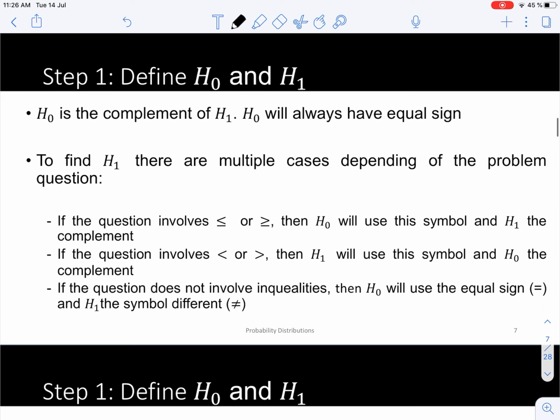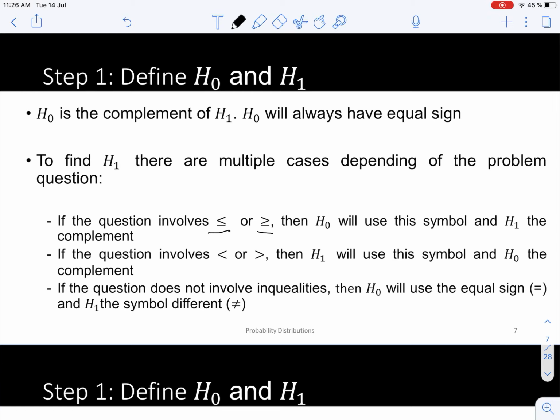So here are some guidelines to identify, once you're given a problem, which sign is required. So let's see. If the question involves less equal or greater equal, some examples are: at least means greater equal, or at most, that is maximum, that's less equal.